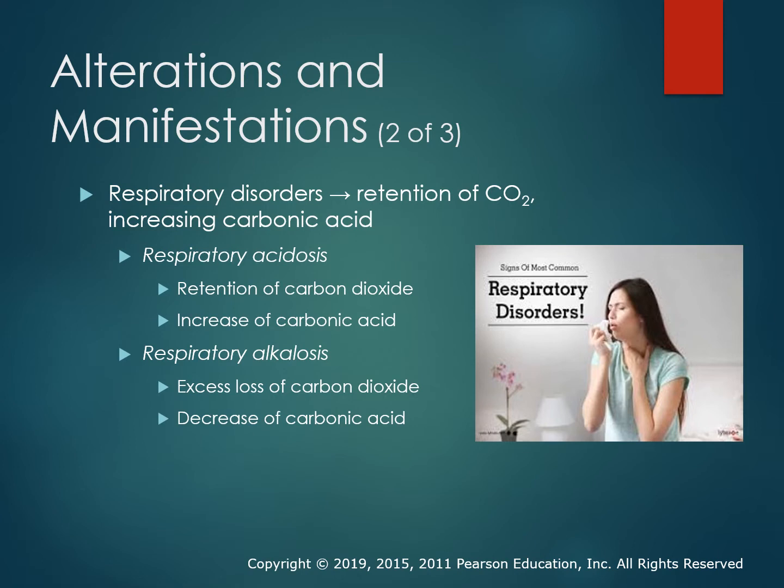As a result, the pH falls to less than 7.35 and the PaCO2, which is pressure exerted by dissolved carbon dioxide in the blood, is greater than 45. When too much carbon dioxide is lost, carbonic acid levels fall, and respiratory alkalosis develops. The pH rises to 7.45 and the PaCO2 is less than 35.